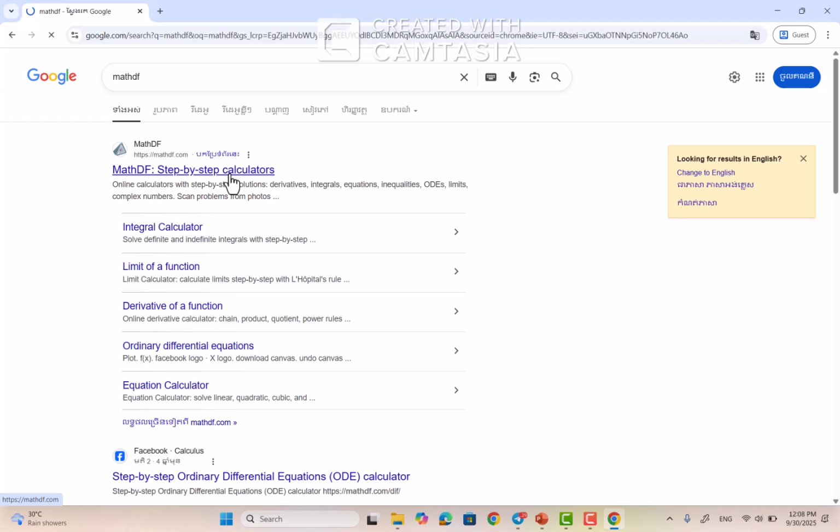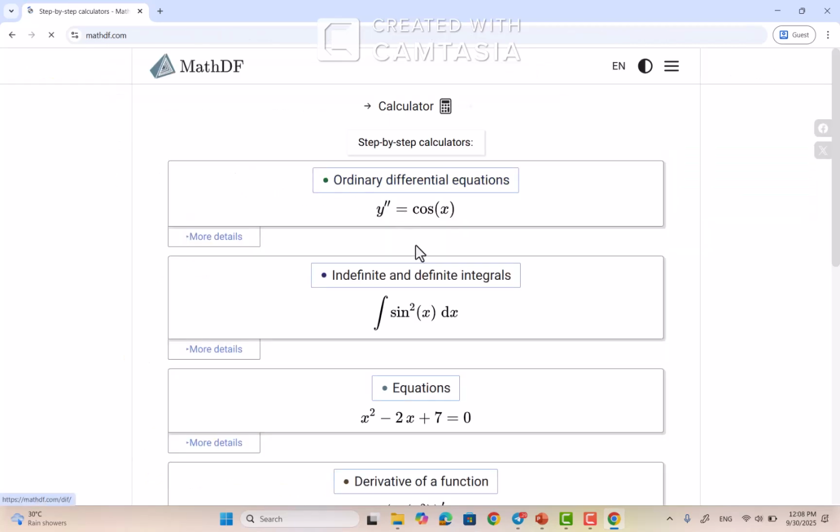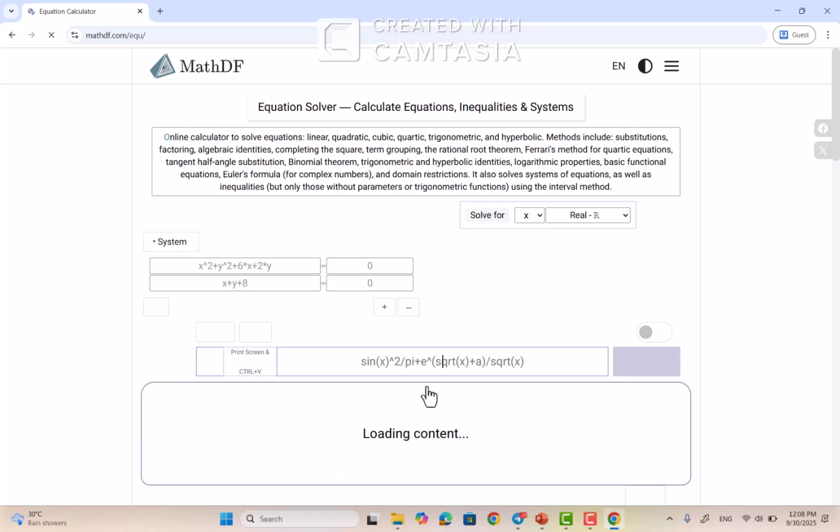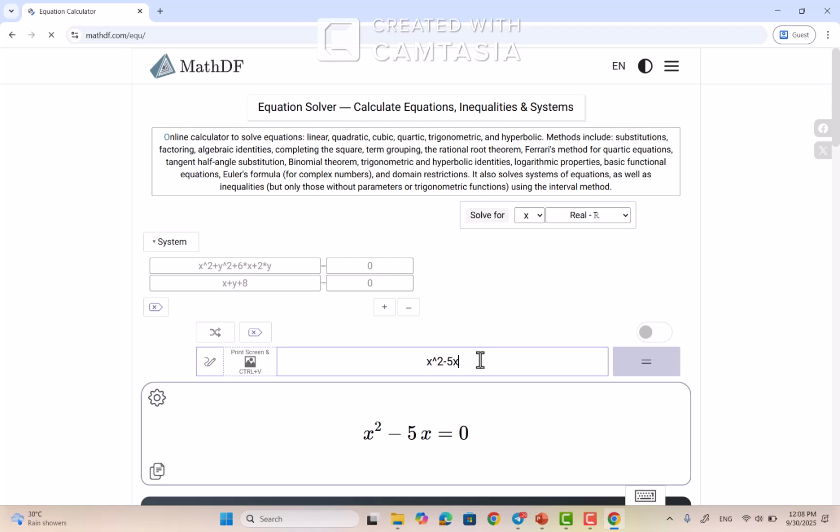Here we try to find the equation. We can see the quadratic equation here as an example. So we just put our equation here: x squared minus 5x plus 6 equal to 0. Then we click calculate.